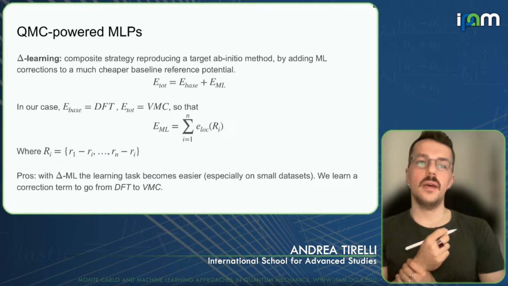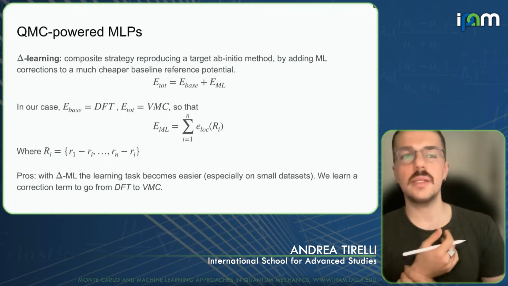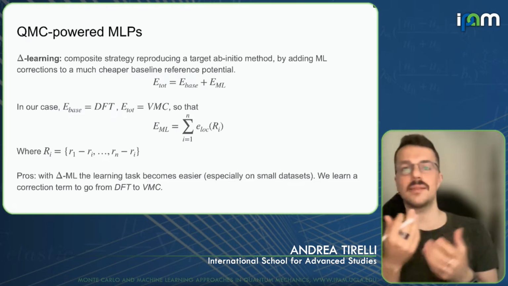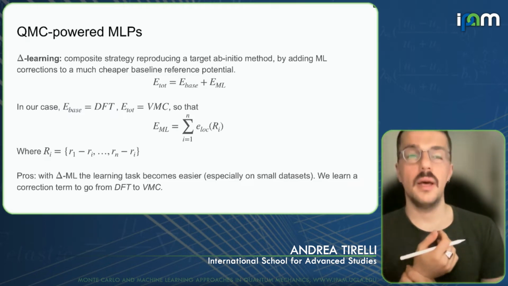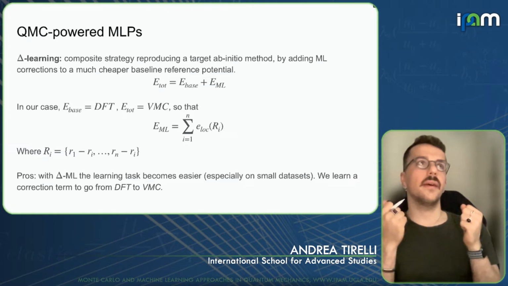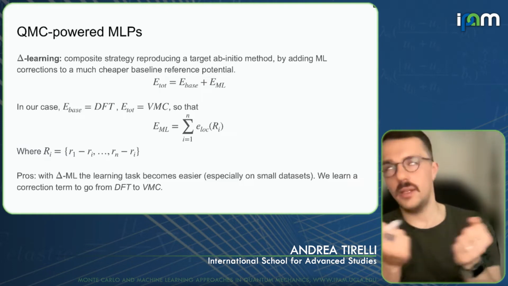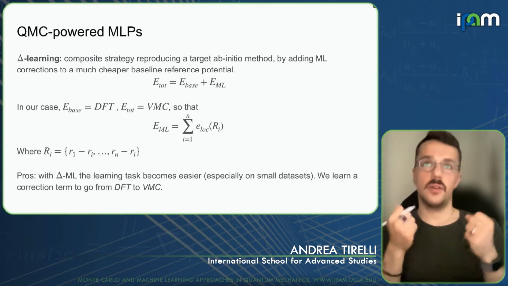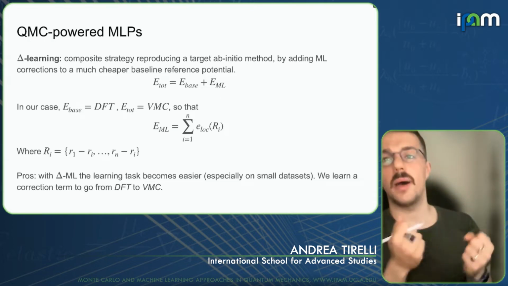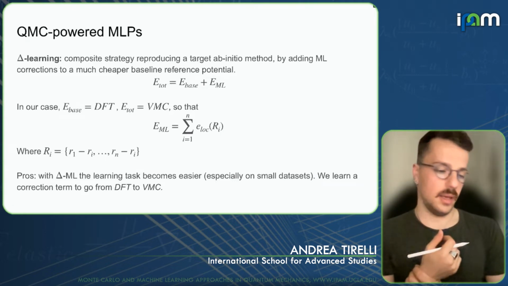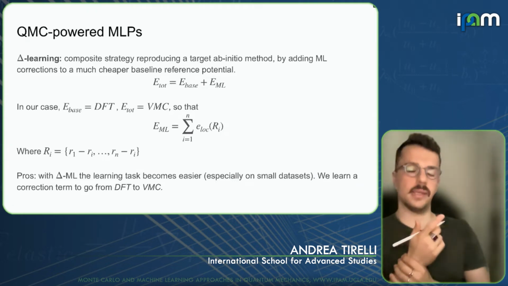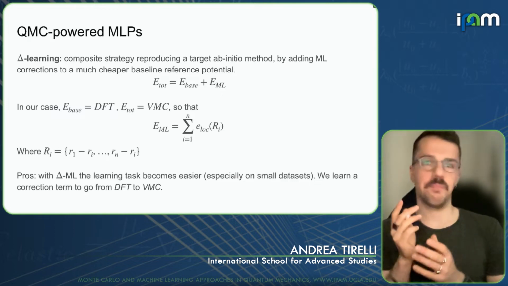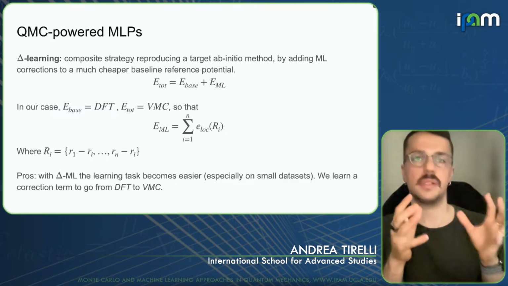So, why would one want to do that? The idea is that this delta machine learning approach makes the learning problem easier. And if a learning problem is easier, then it's going to require a smaller amount of data, which is very important in our case. We'll see just in a few minutes how this is our starting point.